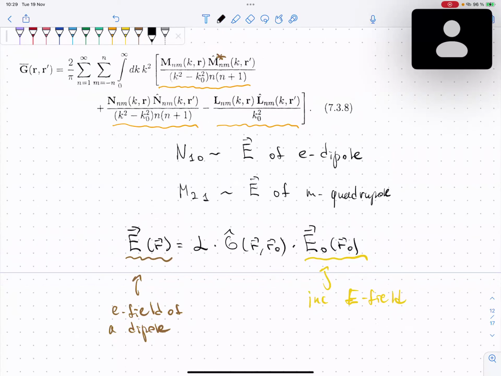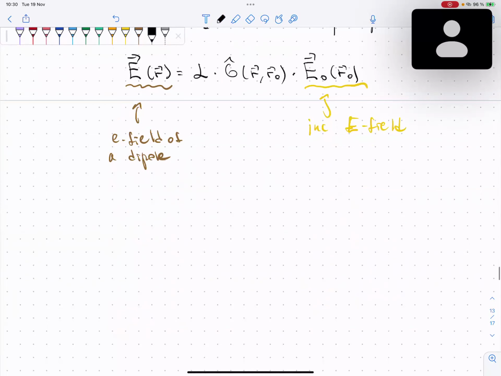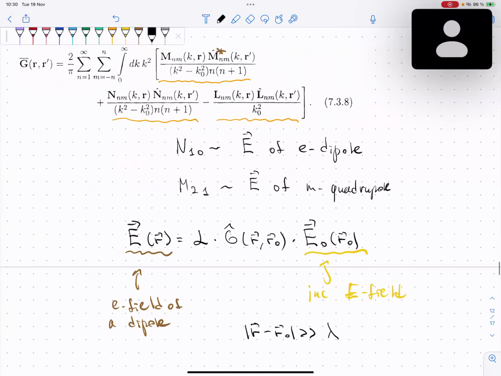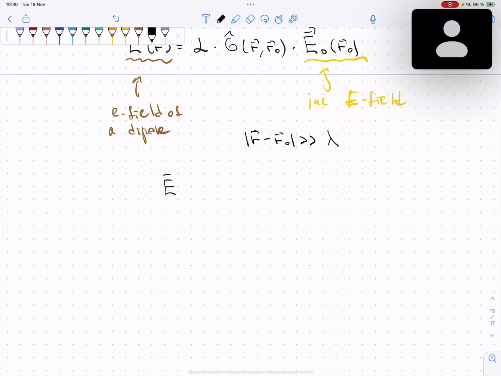If we look at the far field limit, where k times the modulus of R minus R0 is much larger than the wavelength, well, I can't derive it right now, but basically we will end up with something like this.